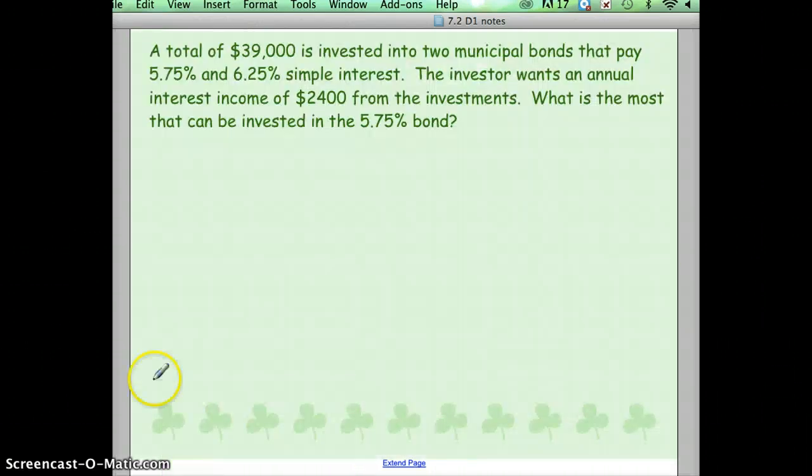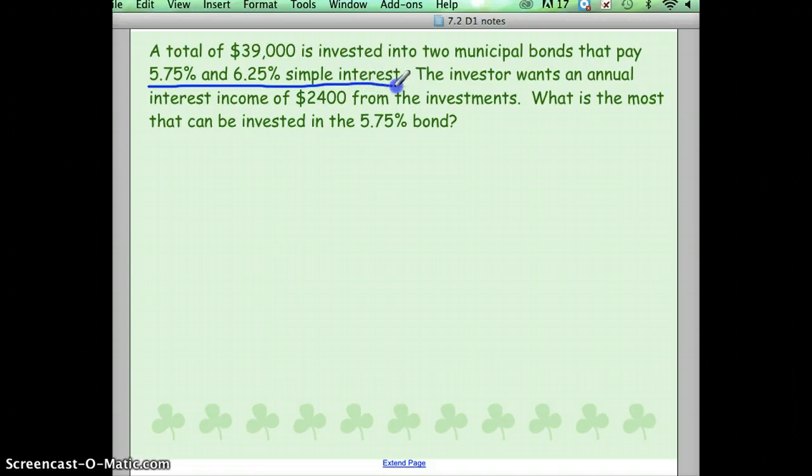Let's see. Okay, this will be our last example, word problem. Okay, read through the problem, and maybe you want to pause it so you can read through the problem. We have to form two equations, and I think the easiest way to pick out what goes with what is pick out everything to do with interest.